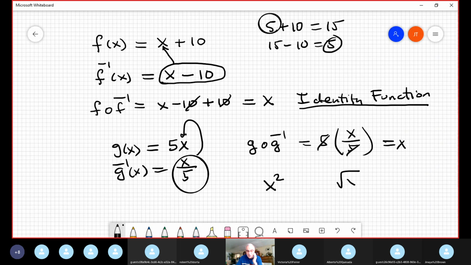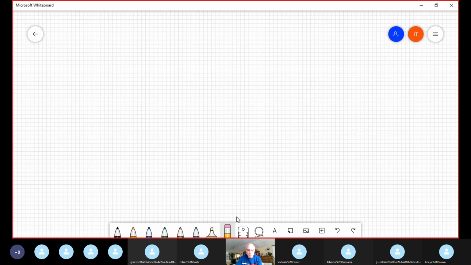You put them together, each undoing the other. There are many possibilities, but the most important is to determine if the function is one-to-one or not.